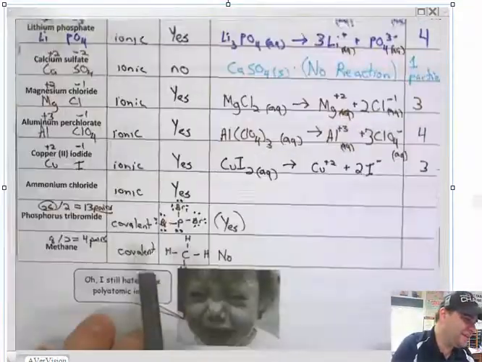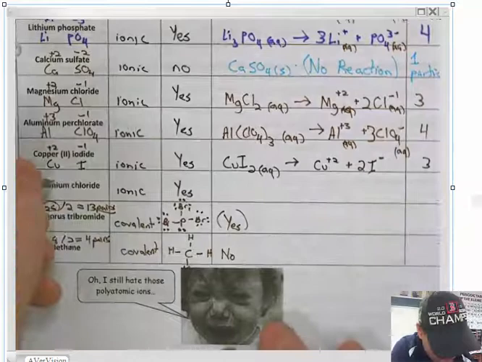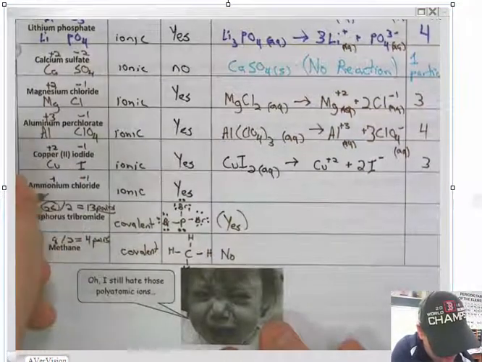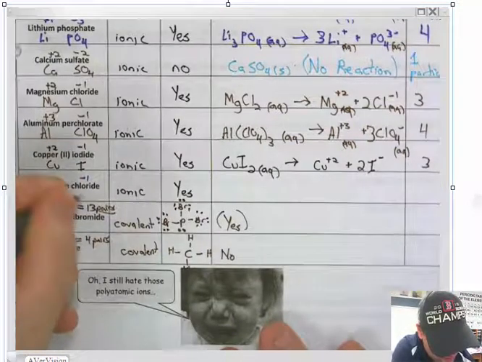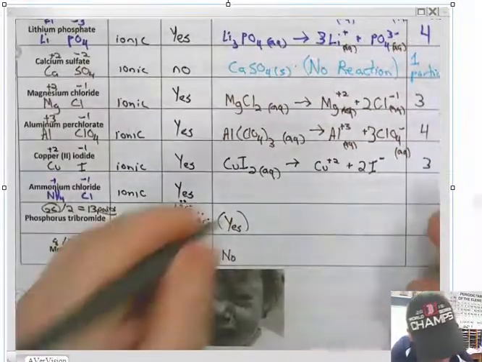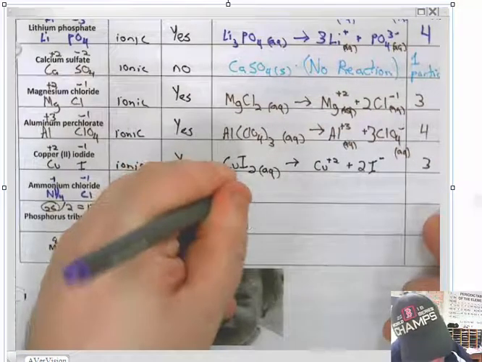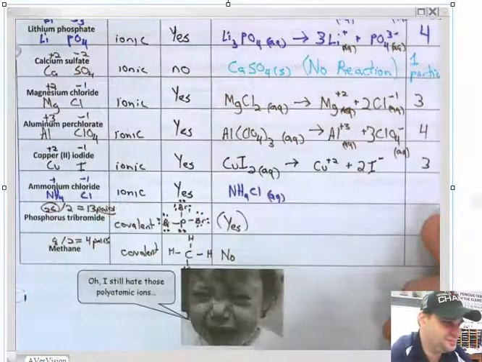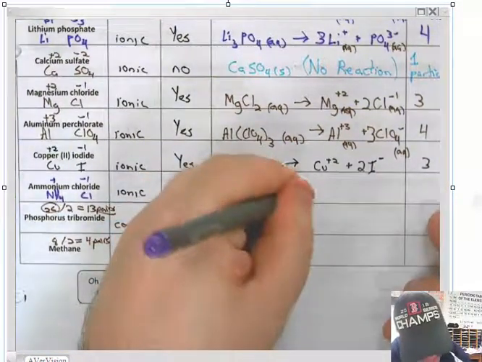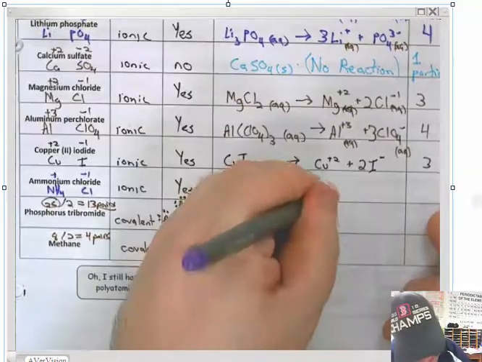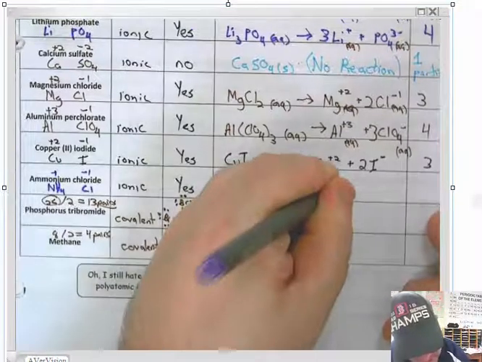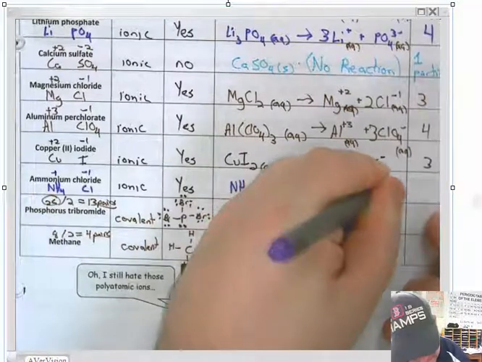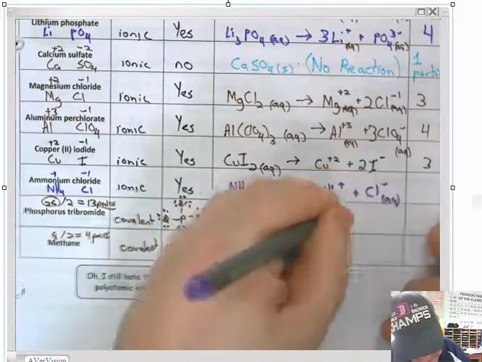Ammonium chloride. Ammonium is +1. Chloride is -1. This is NH4 plus. Chloride is Cl minus. NH4Cl aqueous. We're going to break this apart into NH4 plus and Cl minus. I still need my aqueouses everywhere.